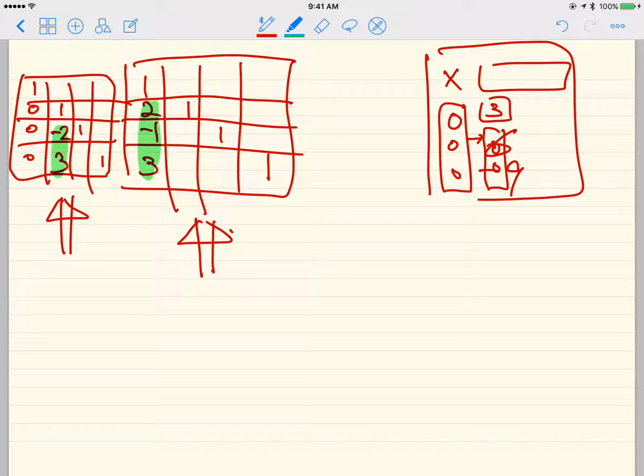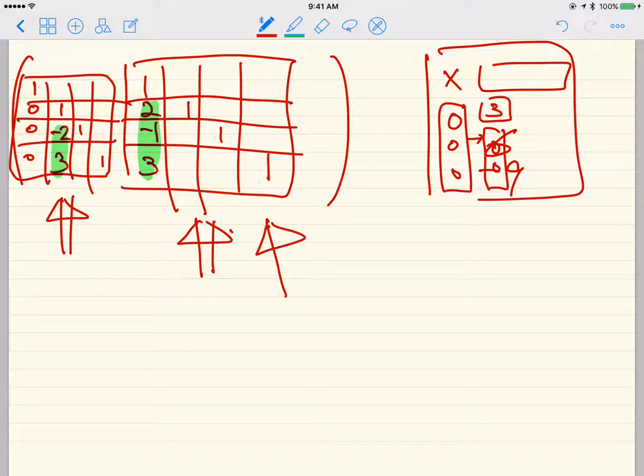You guys remember, maybe like 10 minutes ago, I mentioned that the inverse of the product of these can be really easily computed. I'm going to give you the answer for the inverse of the product of these two matrices.